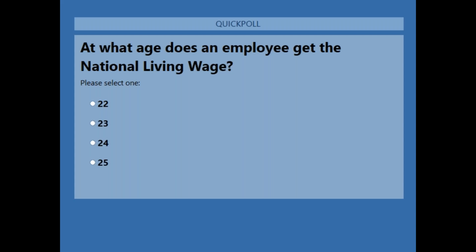So you can select your answer on screen. Don't forget to submit it through. And once we've had about a minute, we'll close that poll down and we'll let you know how you got on. So age an employee gets the national living wage, is it 22 and older, 23 and older, 24 and older, or 25 and older?